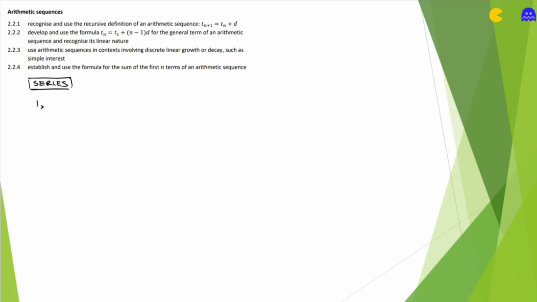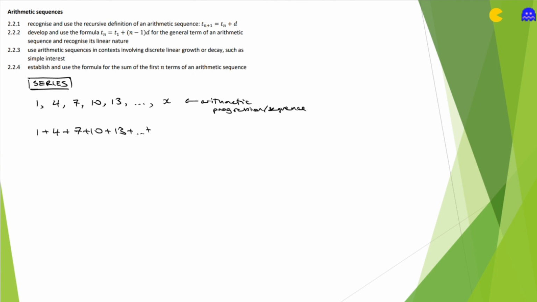So if we take the example that we had initially, 1, 4, 7, 10, 13, and so on and so forth, up to some specific value, let's call it the x term of the sequence, we can define the arithmetic series that corresponds to the sequence as 1 plus 4 plus 7 plus 10 plus 13 plus so on and so forth up to whatever we call it, x.